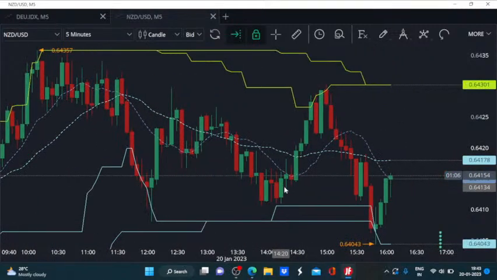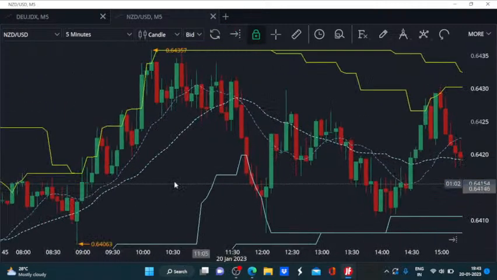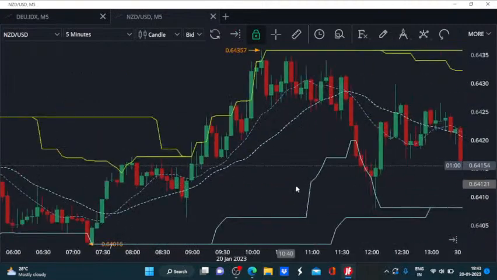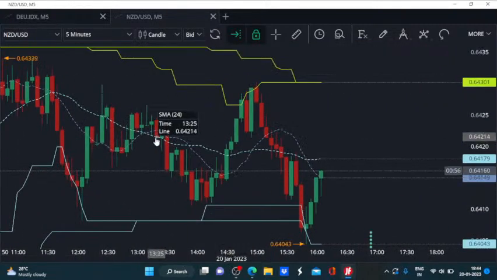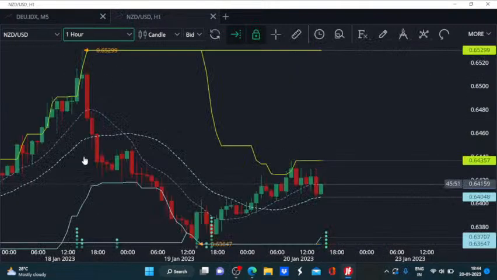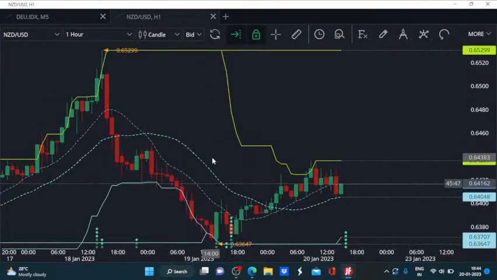It has made this immediate swing low just now, so that puts it as one of the least bearish currencies against the dollar in today's session in particular, where most of the currencies are losing ground and the dollar is gaining in strength. So in this context, the NZD seems to be able to hold its ground, and it is not declining much. The range is quite narrow for the NZD. It is not moving much.